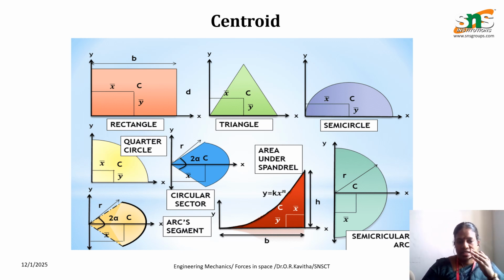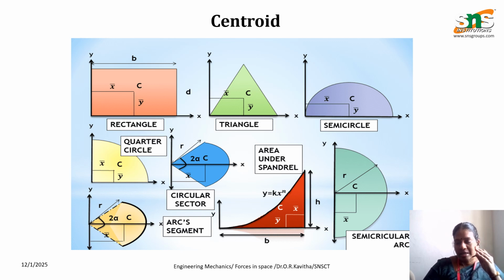Here this is a rectangle. For the rectangle, the x bar will be at the center. If I take the triangle with the base on the x-axis and height h, the centroid is at h by 3 from the x-axis.